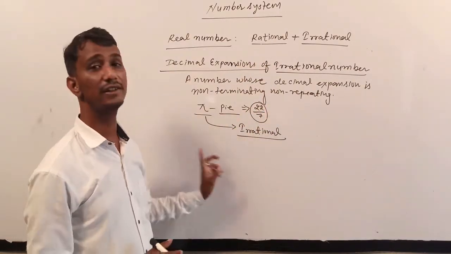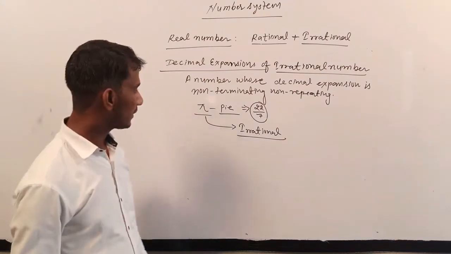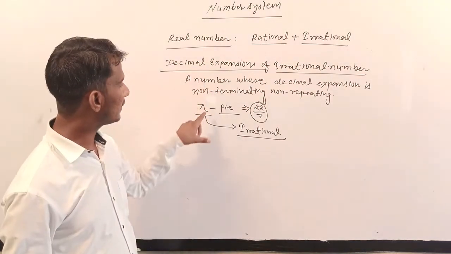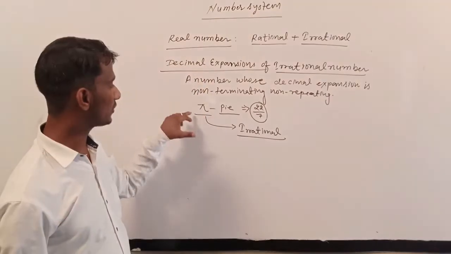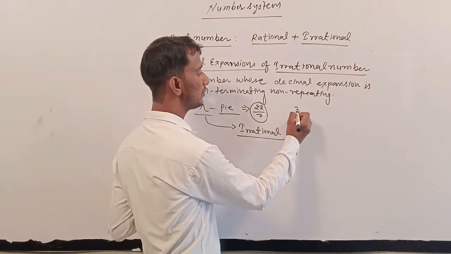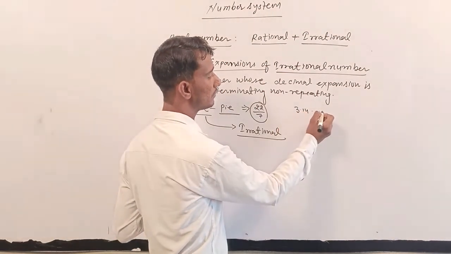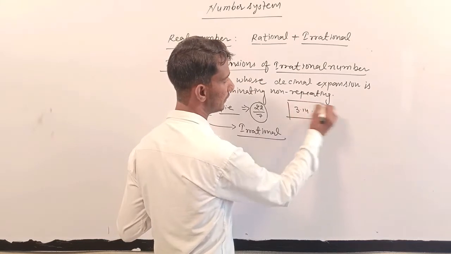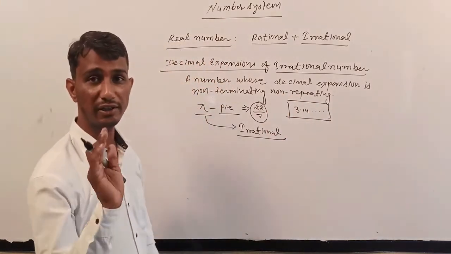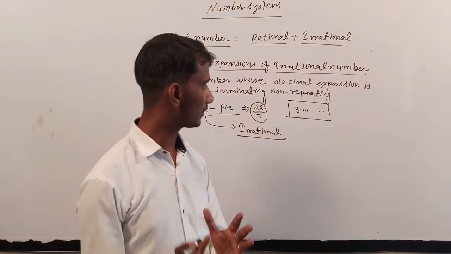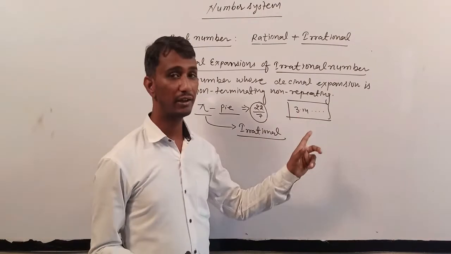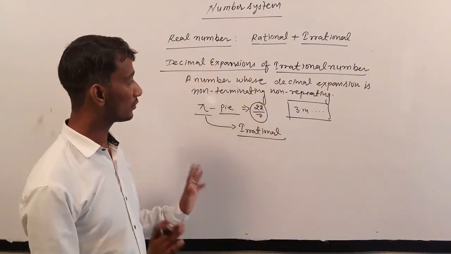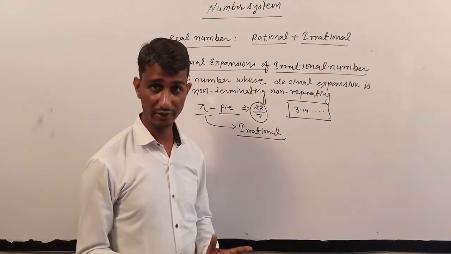So why is pi irrational? Because when we find the decimal expression of pi, we get 3.14, and millions and billions of steps have been calculated, but never does any group of digits repeat.